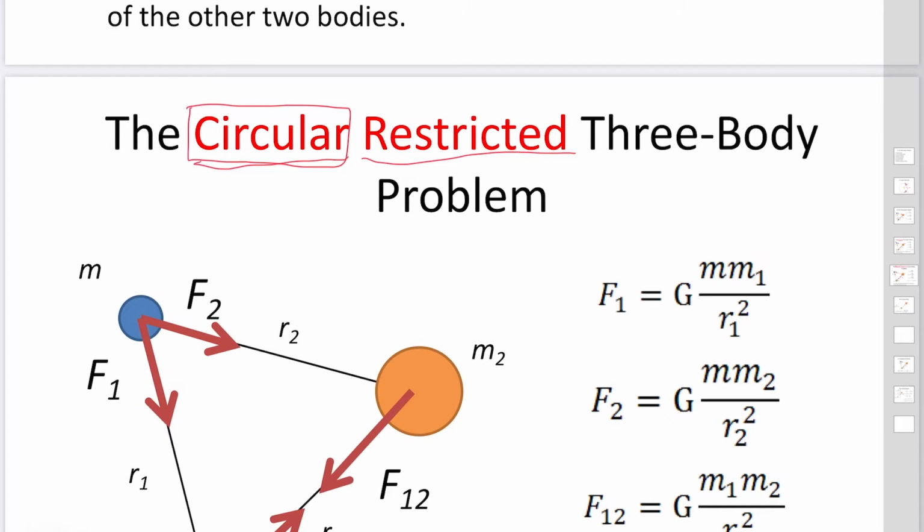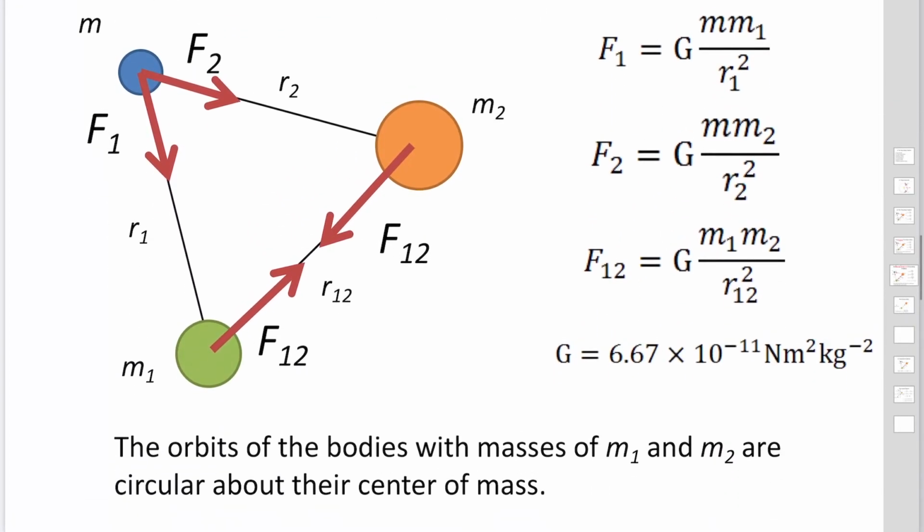In this case, we consider the objects with masses m sub 1 and m sub 2 making a circular orbit around their center of mass. This is the second simplification. We would like to examine the motion of a particle with mass m under the gravitational forces of the objects with masses m sub 1 and m sub 2.